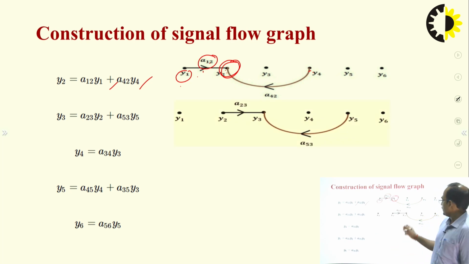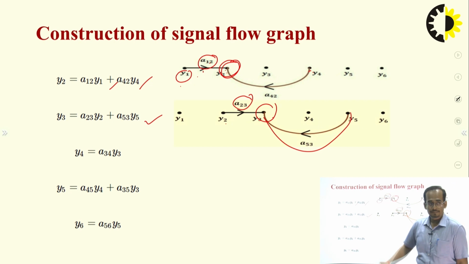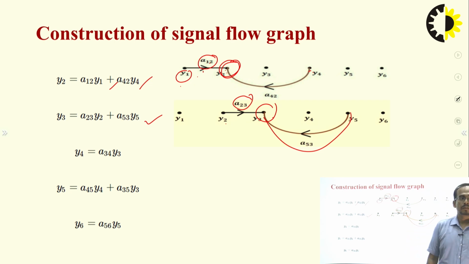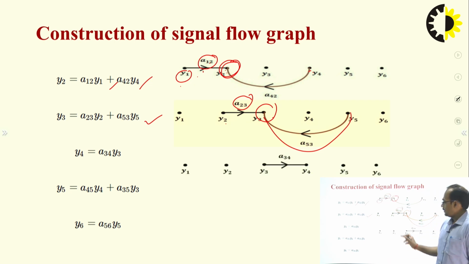Next, again there are 6 nodes. I want to write the equation for y3. What will be the equation for y3? y3 is equal to y2 a23 plus y5 a53. Now you can see this is the incoming branch, so I can write y4 is equal to a34 into y3.